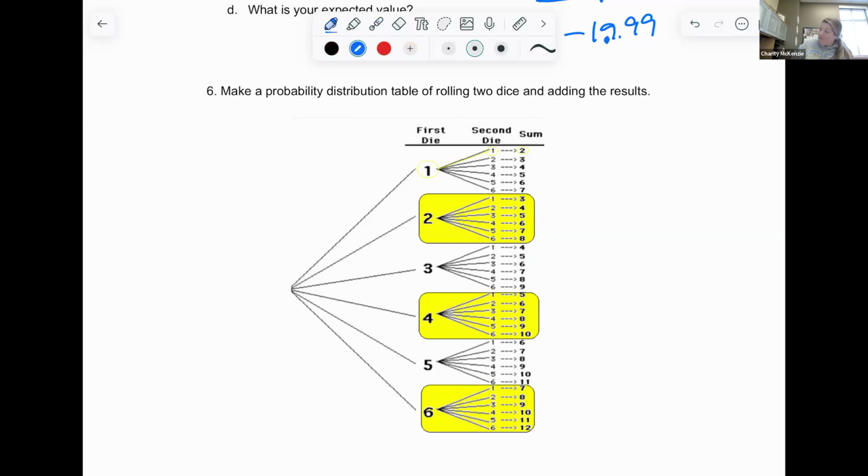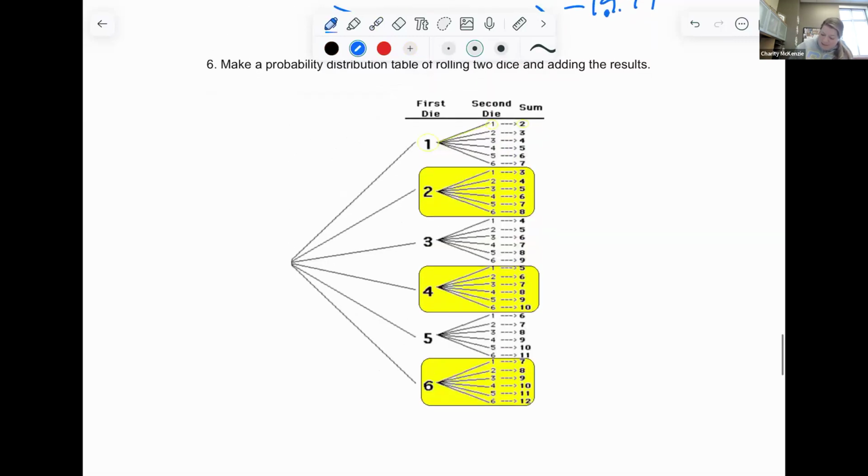So let's do a probability distribution of this. I think I'm going to do it just over here, and we'll just go down. So the first number we could get is going to be a 2. That's the lowest we could get. The probability of a 2, if you go 6 times 6, right? That's 6 times 6.